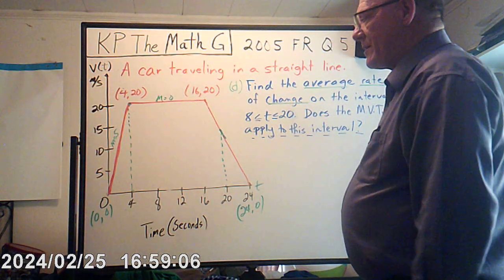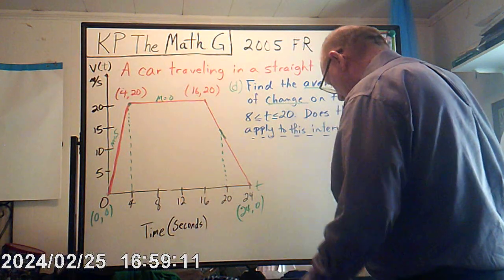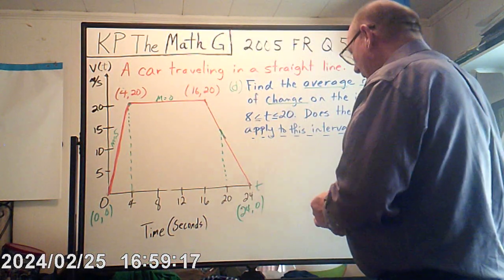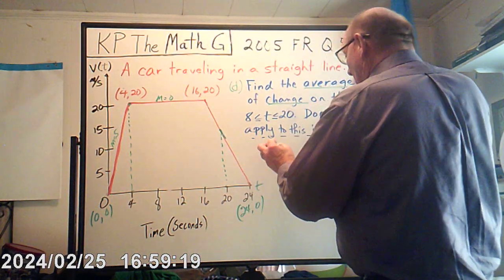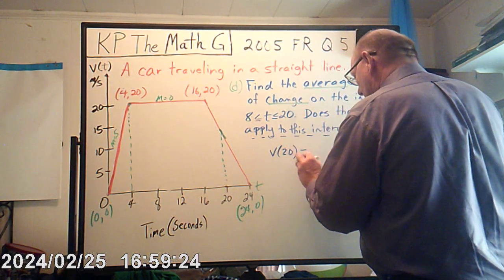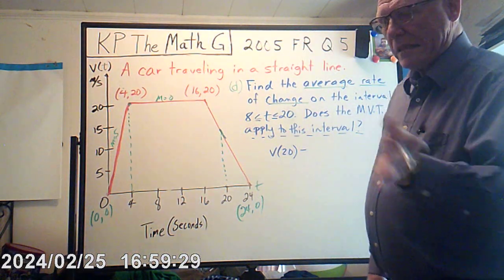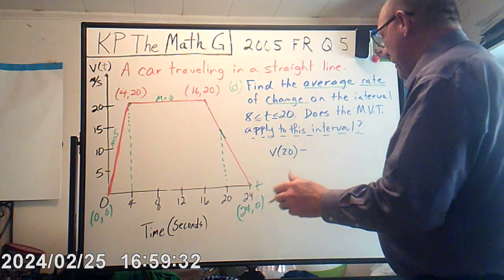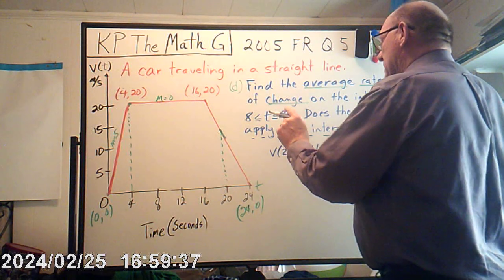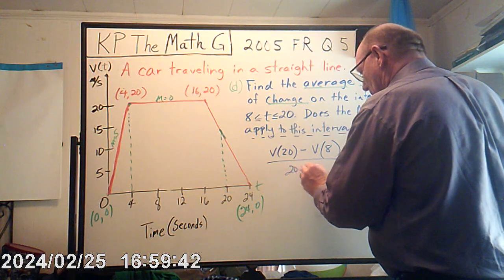So let's see, what is the average rate of change? Well, we can look at it in two ways. One way is to say the average rate of change is v at 20 minus v at 8 all over 20 minus 8, which is the slope of the secant line.